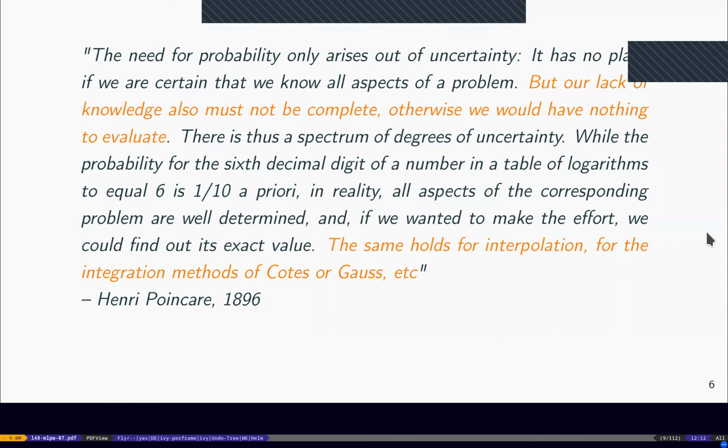The same holds for interpolation or for the integration methods of Gauss or Cotes. So this is 1896, and already at that point, Cockayne is talking about the notion of uncertainty in computation, right? Because this is the last statement. Okay, cool.